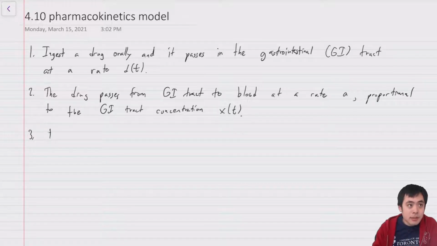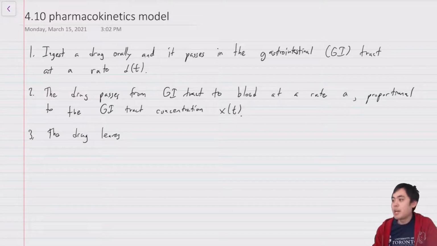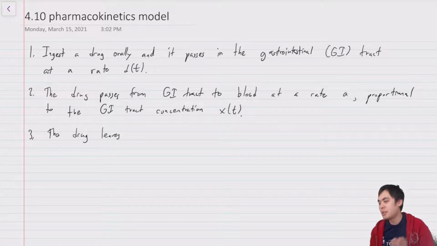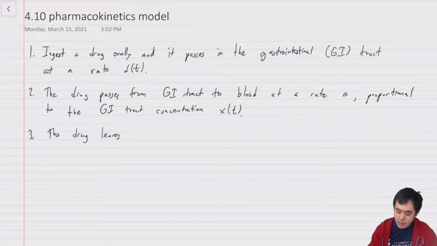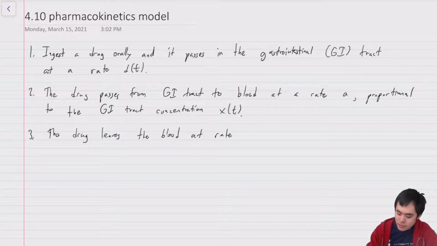And lastly, the drug leaves the blood. So perhaps it's metabolized by the kidney, or perhaps it's taken up by something else. It leaves the blood at a rate, let's call it B, proportional to the blood concentration, Y of t.